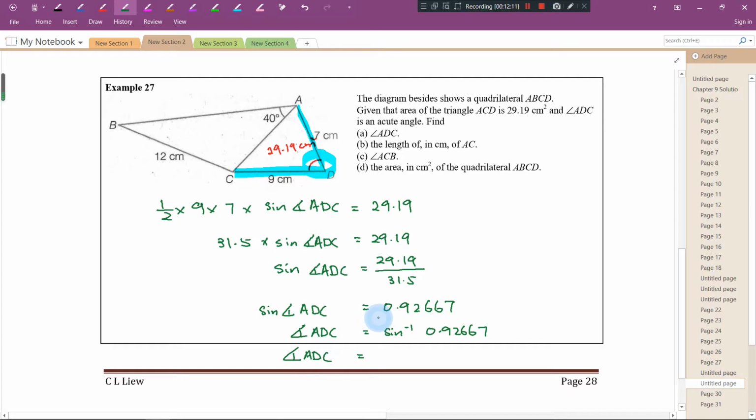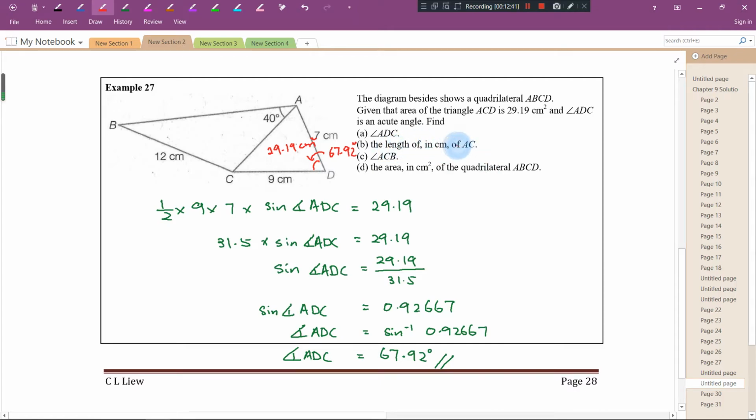Shift, then sine, 0.92667. So the angle is 67.92 degrees. Let me label it first. This angle is 67.92 degrees. Okay, next part.